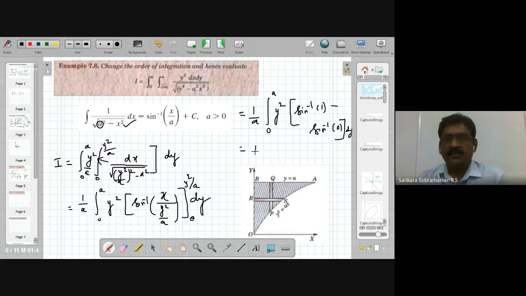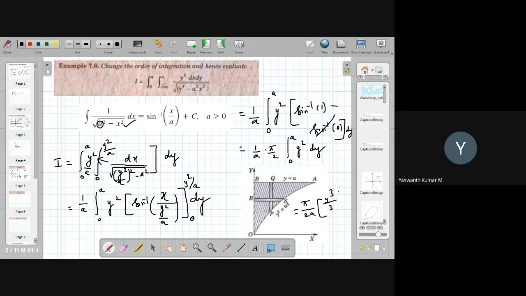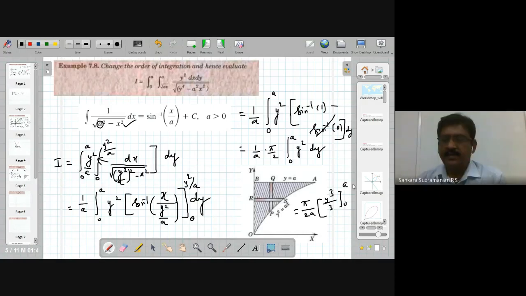So this is 1 by a, this is pi by 2, this is 0. So therefore this is integral 0 to a y square dy will come. So this is pi by 2a, this is y cube by 3, taken between the limits 0 to a.